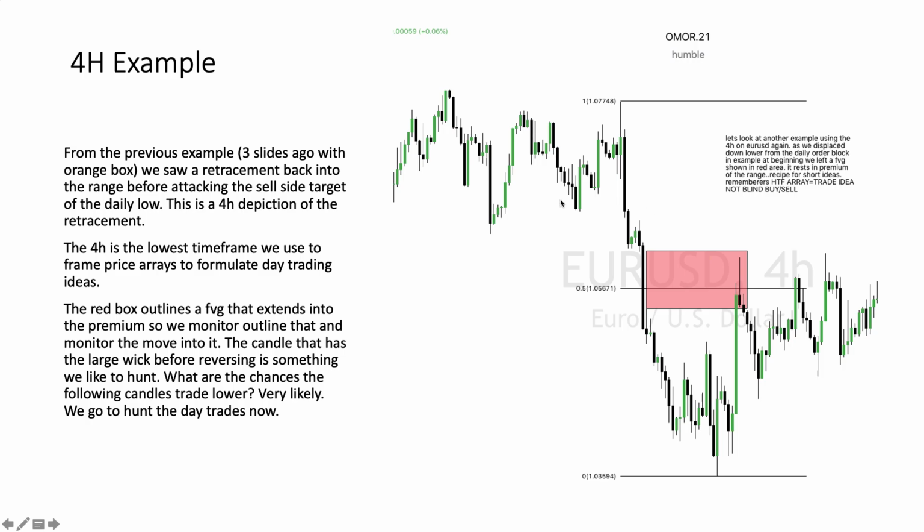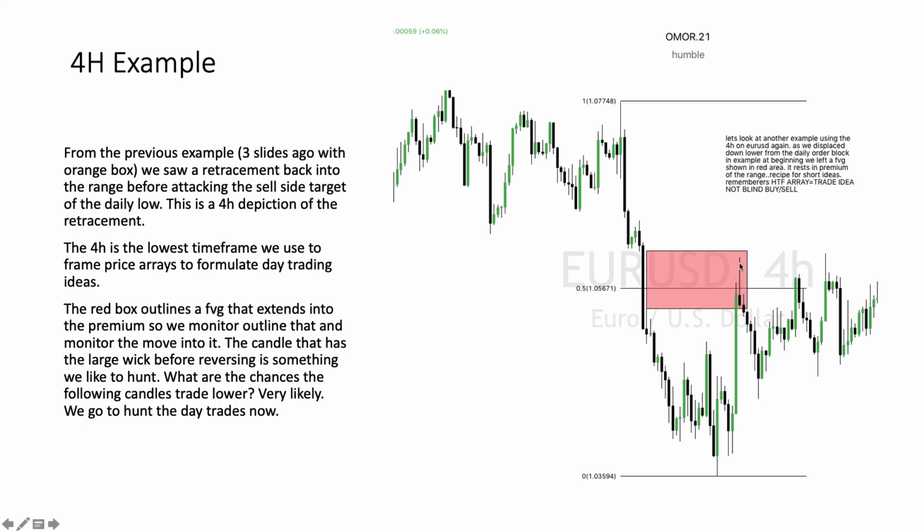Now, something that I hunt, and I love this so much, and this is something that I use all the time, and I'm sure I've touched on this in our weekly commentary before. You see this wick, and it's a high. Remember, this middle candle, the high is greater than the high of the candle before and the high of the candle after.